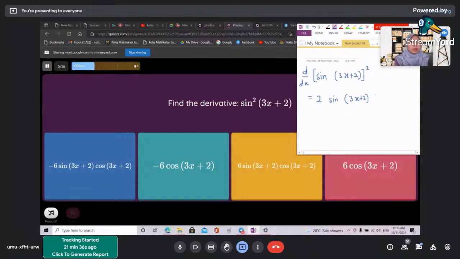So the power becomes 1, and then you need to differentiate the one inside the bracket, which is sine 3x plus 2.